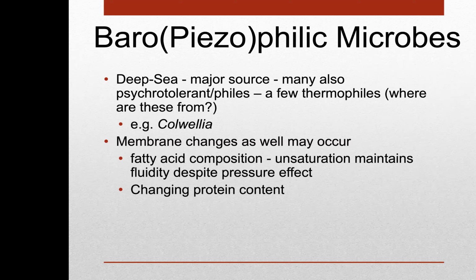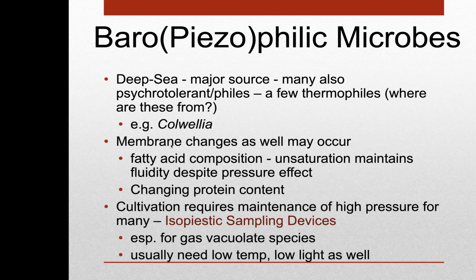So oftentimes those psychrophilic, barophilic microbes will have the fatty acids be unsaturated, and that benefits them from both angles. They also have adapted proteins that can function under these high pressures as well.